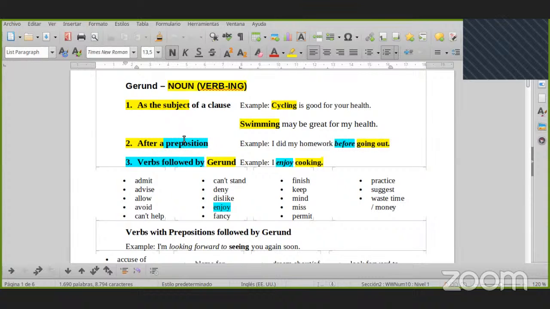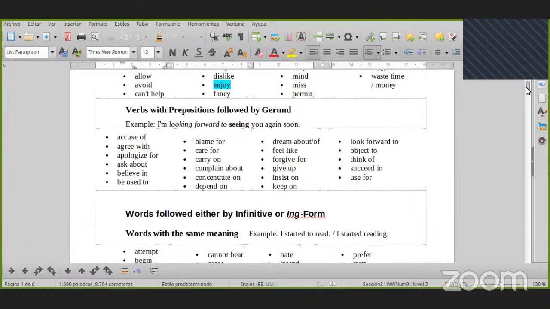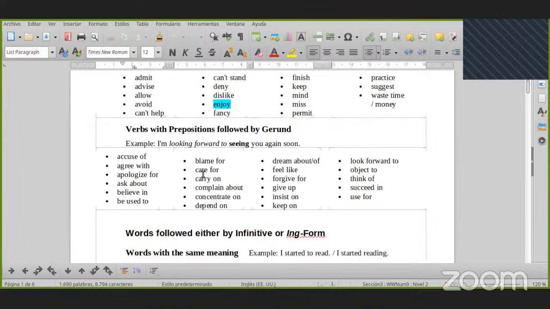Okay, so what is a preposition? For example, prepositions are like of, before, like here that we have some examples. This list, with verbs with prepositions followed by gerund. This of is a preposition.